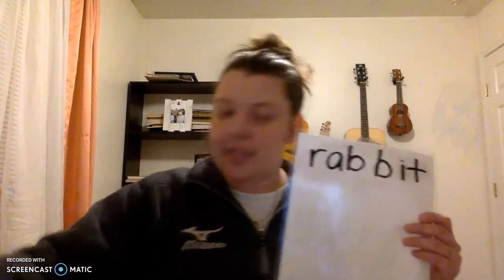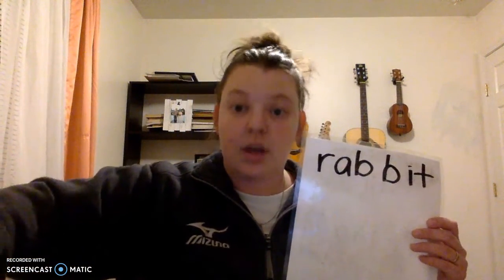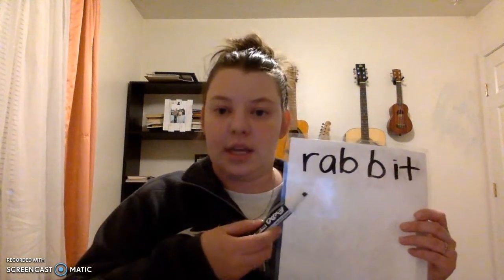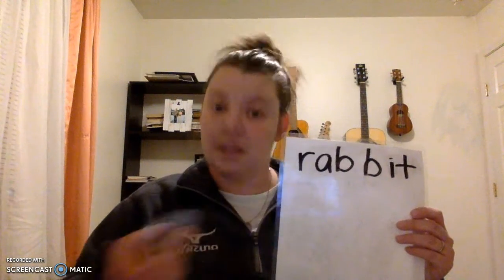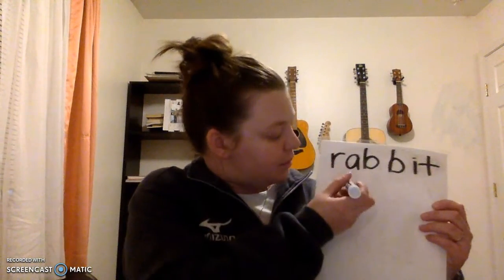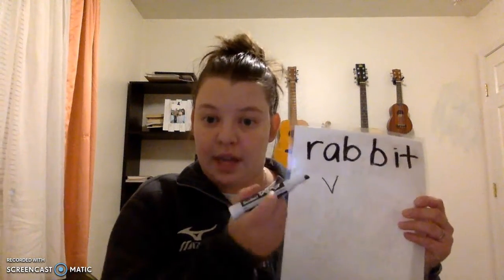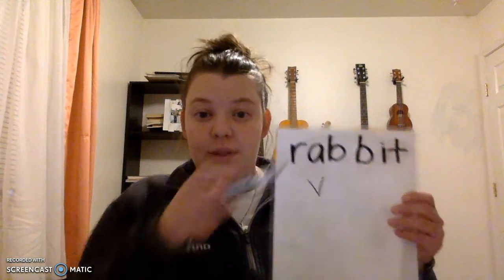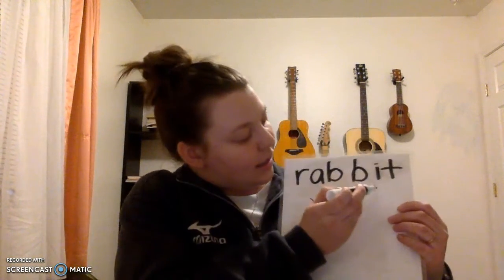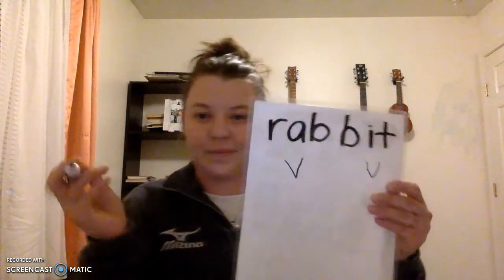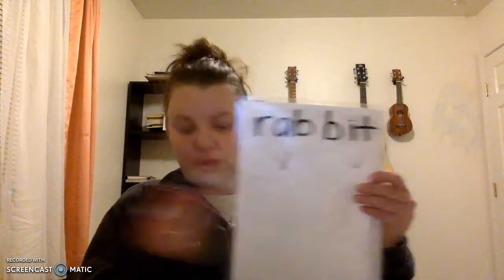So today, we are going to mark and identify the A and the I, the vowels, with the letter V, okay? So down here, we're going to write a V under the A, because that's the first vowel. And the second vowel is the I. That's right. So we have those two.